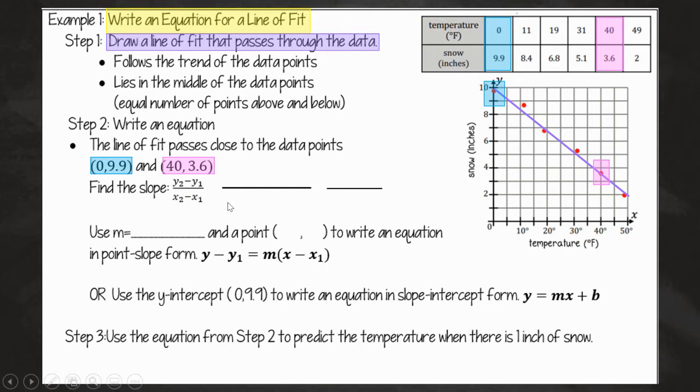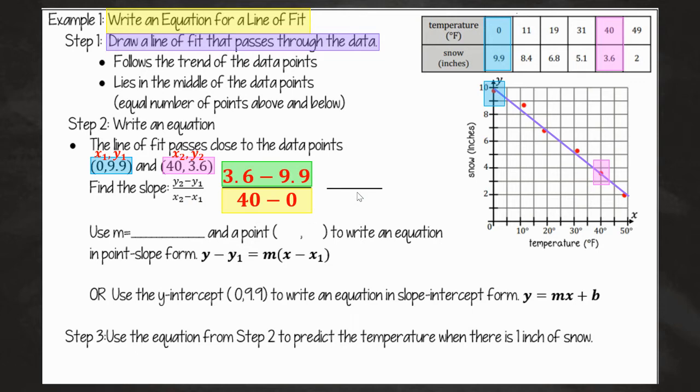And I can do this by doing y2 minus y1 over x2 minus x1. So I've labeled my points, x1 and y1, x2 and y2. And then I'm going to set up my slope formula. So my y values will be in my numerator and my x values in my denominator. And yes, I know I have decimals, but a decimal is no different than a whole number.